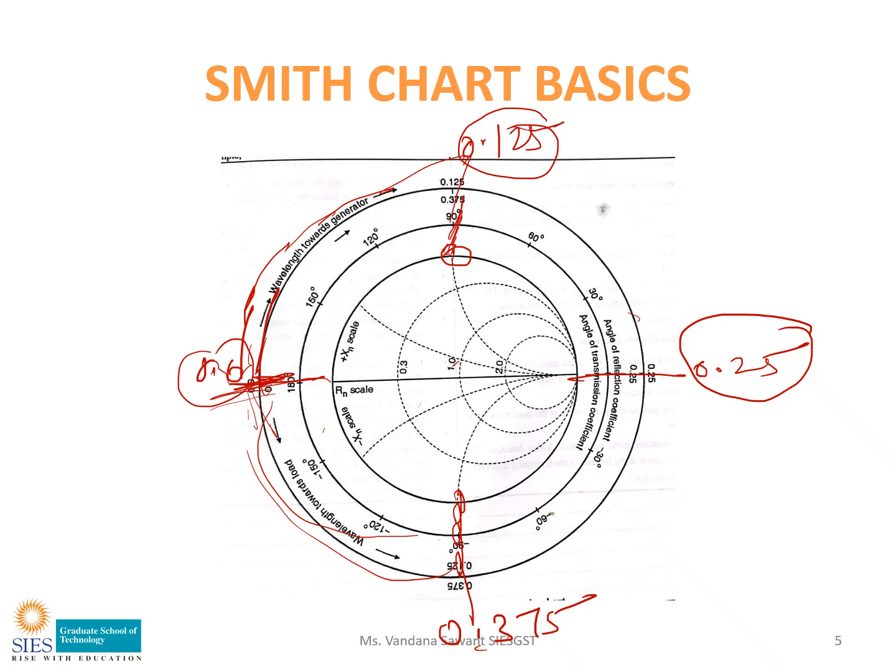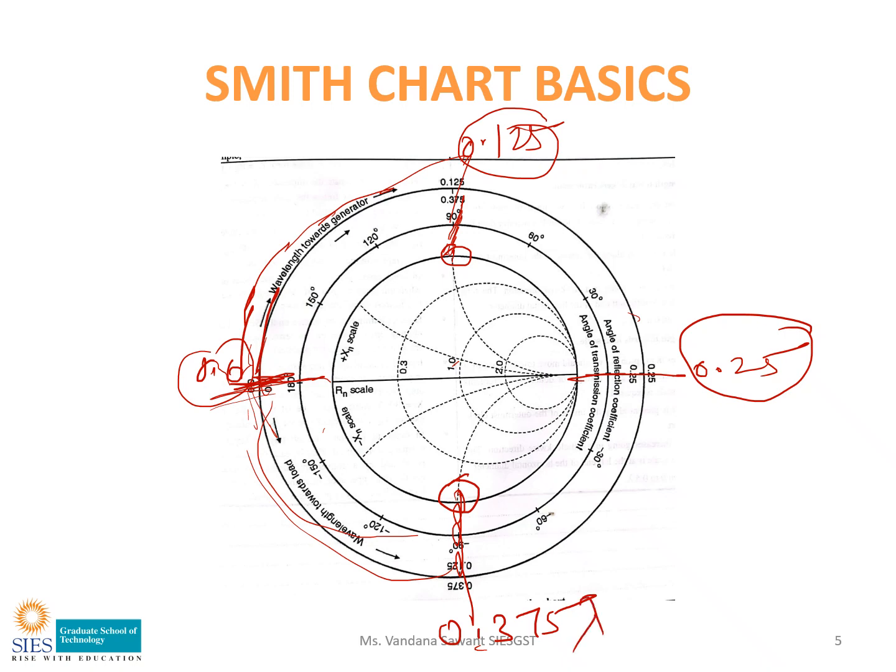If you want to find the wavelength at minus j1, you first locate the point minus j1, then draw the line from the center through minus j1 and out of the graph. This line intersects the wavelength circle at 0.375 lambda. The unit for this wavelength is lambda, so you read out the wavelength at minus j1 as 0.375 lambda.